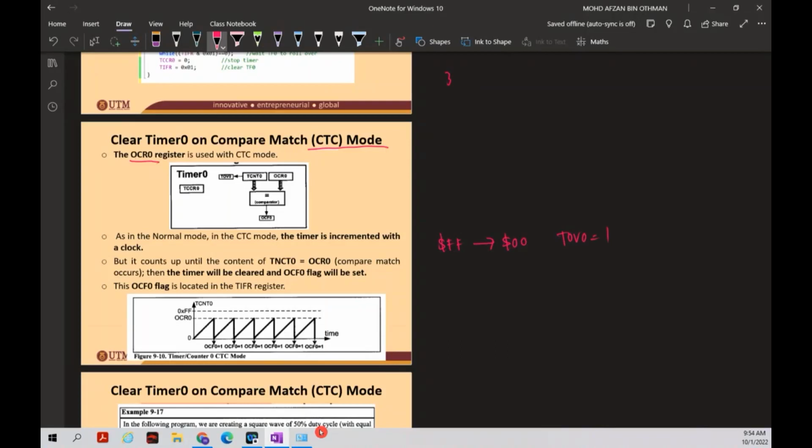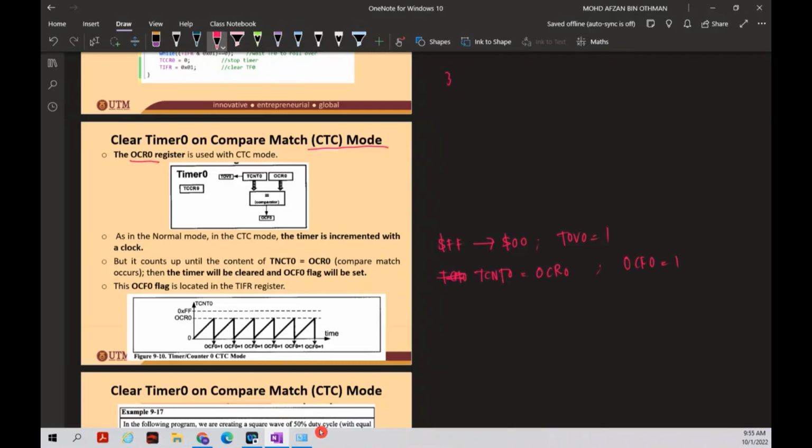But now in the CTC mode, you need to compare TCNT0: is it equal to the water level that you set earlier, is it equal to OCR0? If yes, OCF0 will be set.